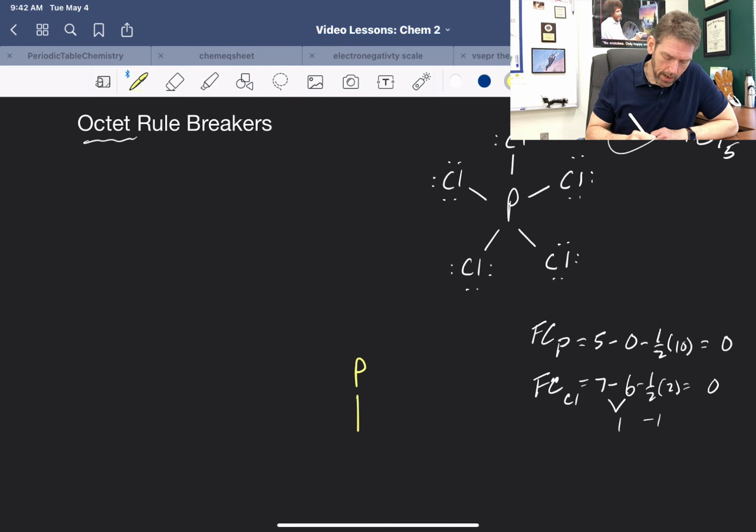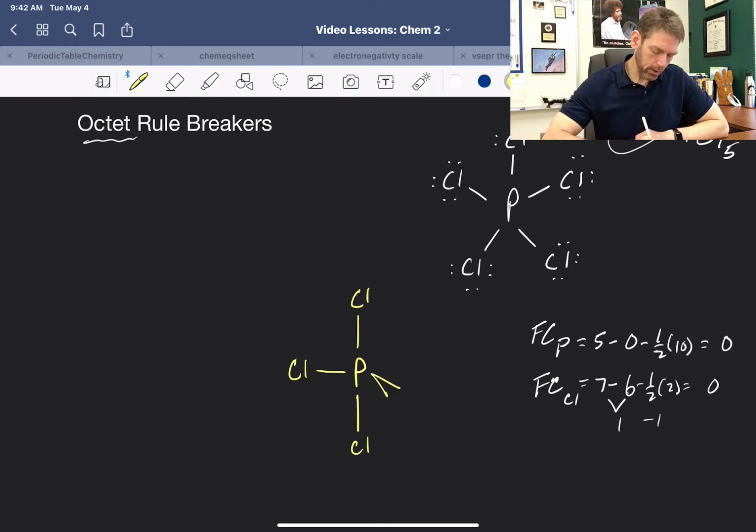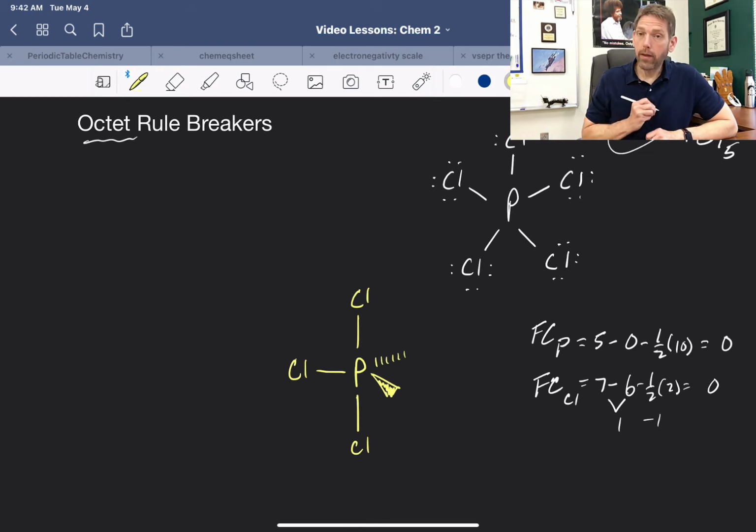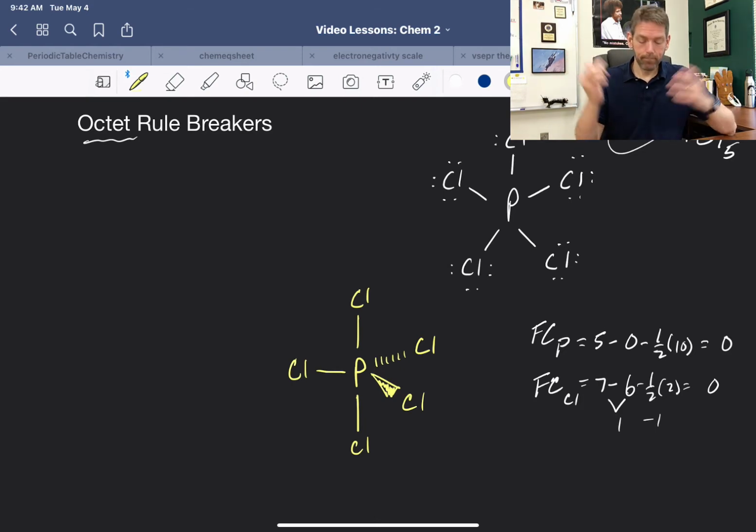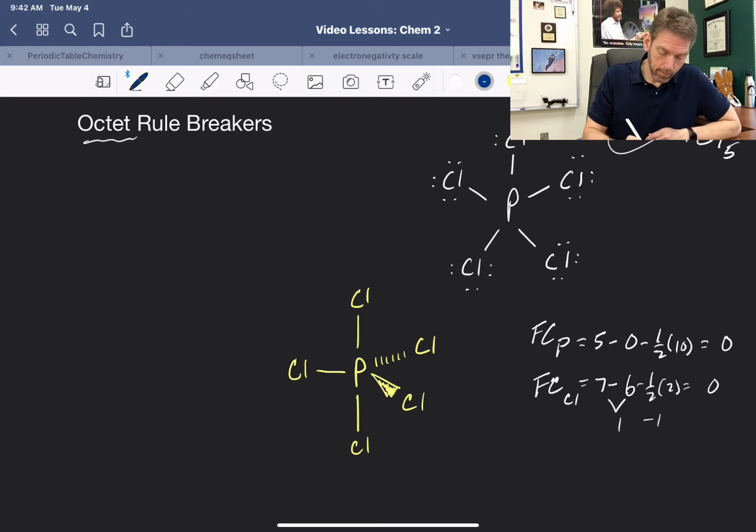And then remember we had something going like this that had the chlorine. And then remember there was a wedge and then a dash. That's it. I'm going to change this back to my light color blue. I like having that. So that's our molecule.